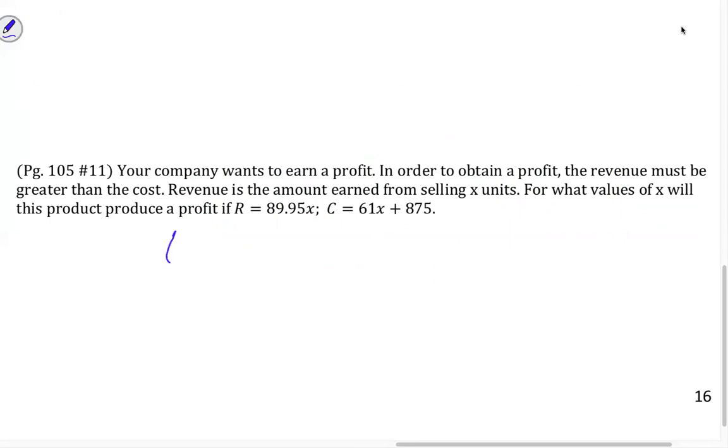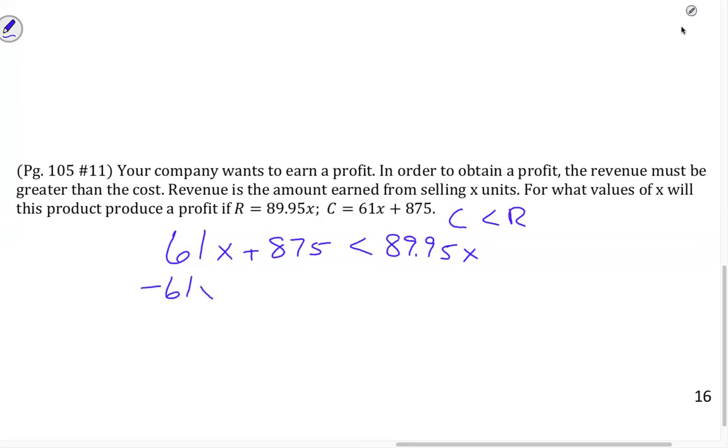So I do C is less than R. So I do 61X plus 875 is less than 89.95X, and then we would subtract 61X from both sides.